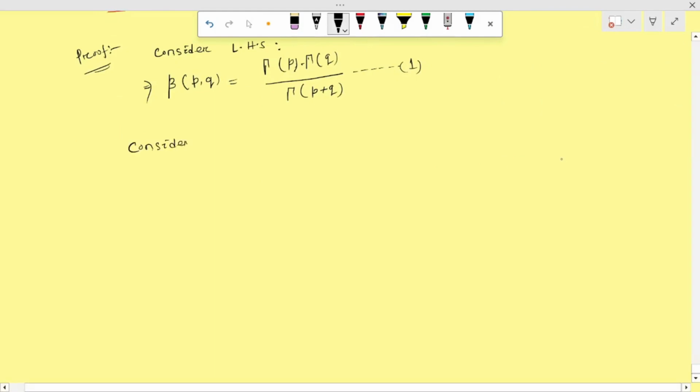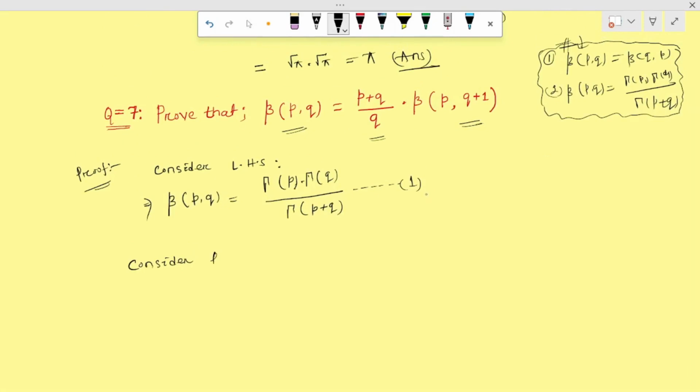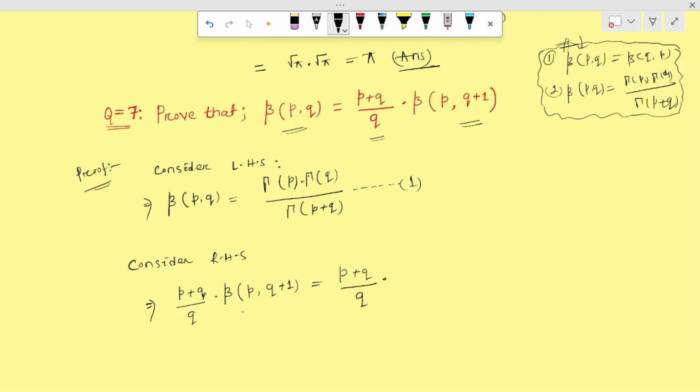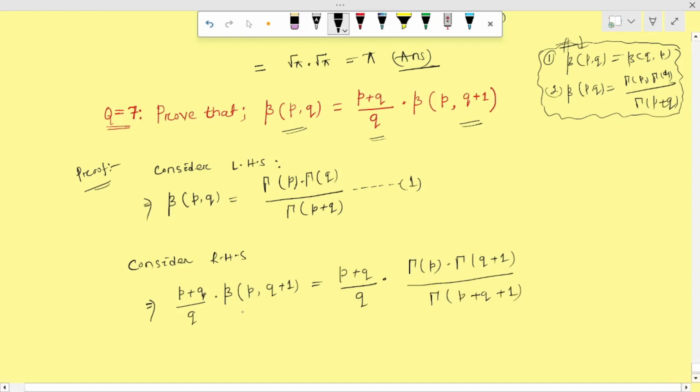Now consider the RHS part. In the RHS we have (p+q)/q into beta(p,q+1), which is equal to (p+q)/q, and by using the relation between beta and gamma function, this can be written as gamma(p) into gamma(q+1) by gamma(p+q+1).